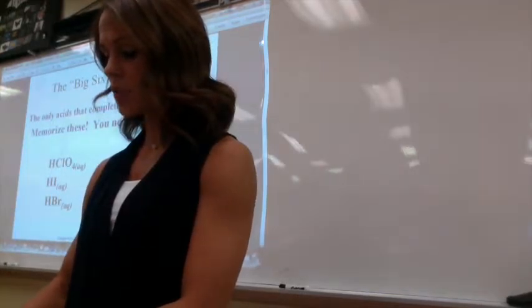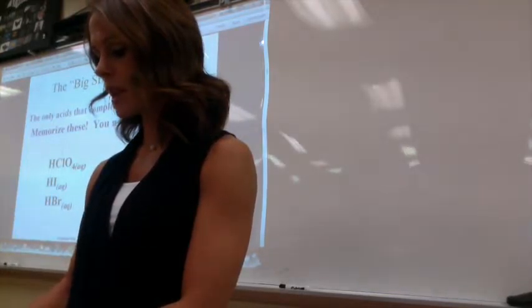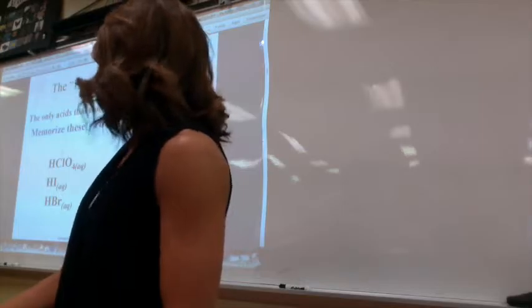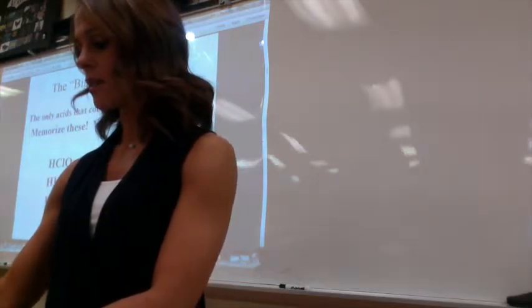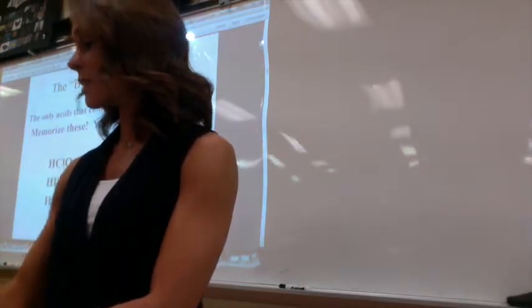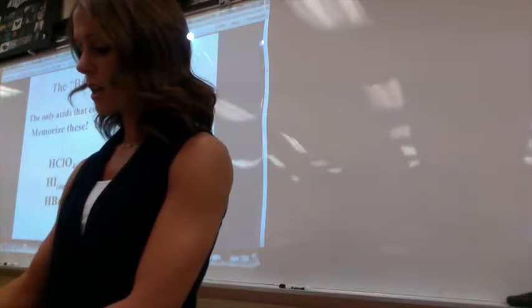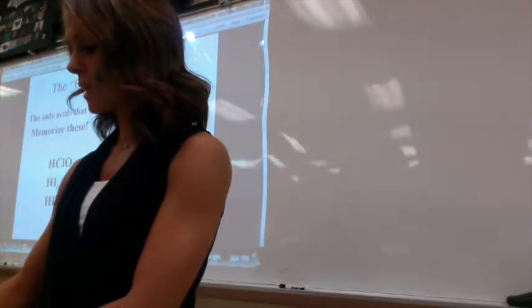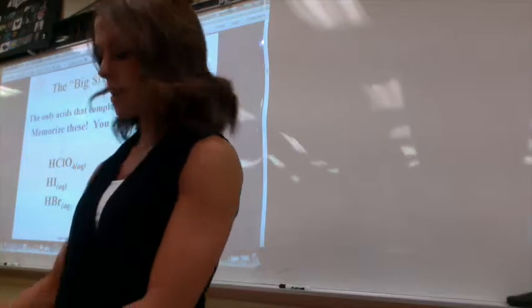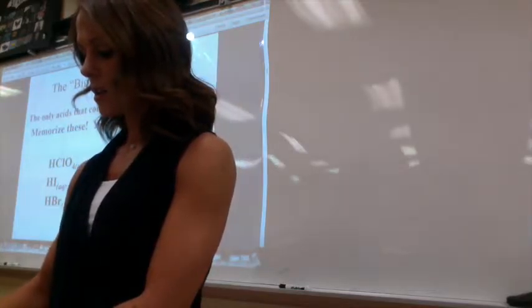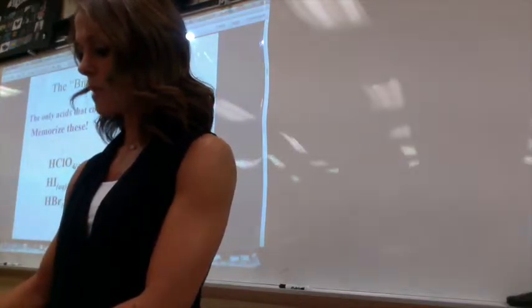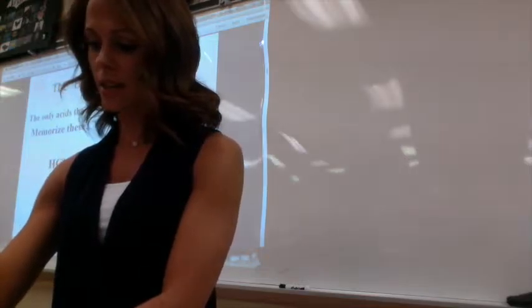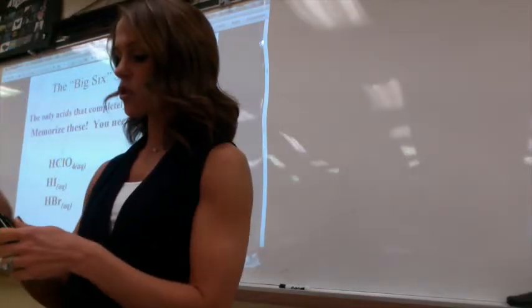The next one is HBr. What's that? Hydrobromic acid, HCl. Hydrochloric acid, HNO3. Nitric acid, because it comes from nitrate. And then H2SO4, sulfuric acid. You have to memorize these as your big six. These are the strong acids.